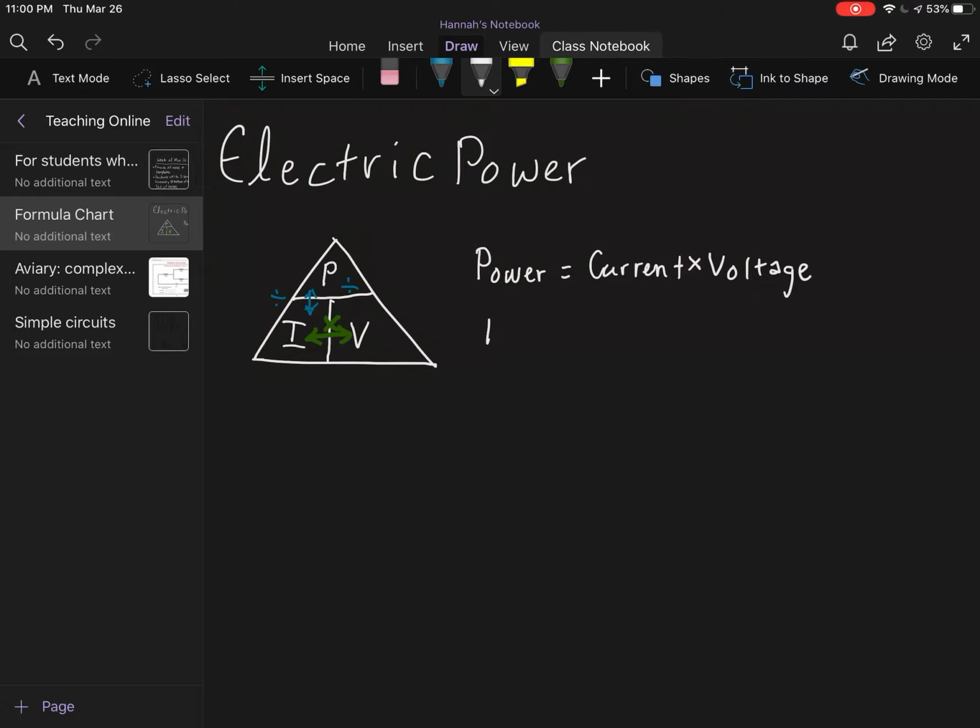So what we end up with is that power is equal to current times voltage. Current is equal to power divided by voltage. And voltage is equal to power divided by current.